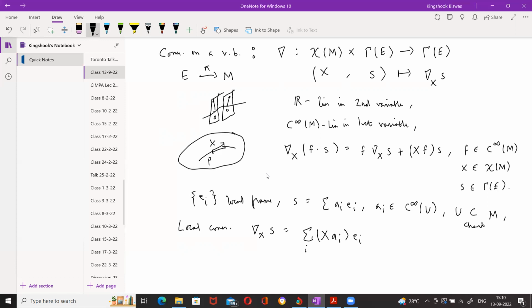Then you use a partition of unity to glue these local connections together, and you get a global connection. Does this make sense? Yes.